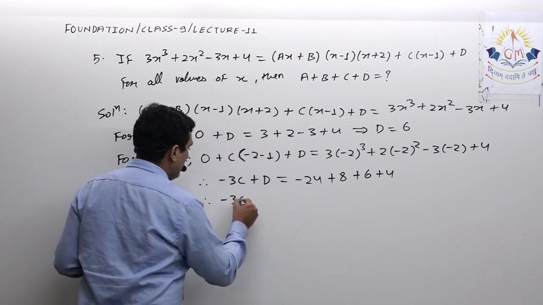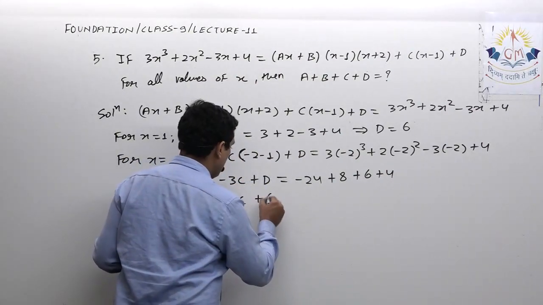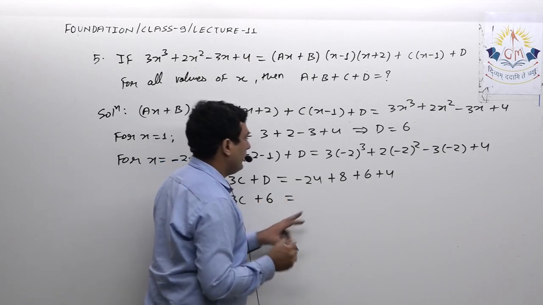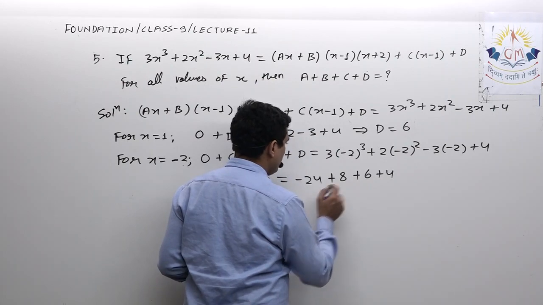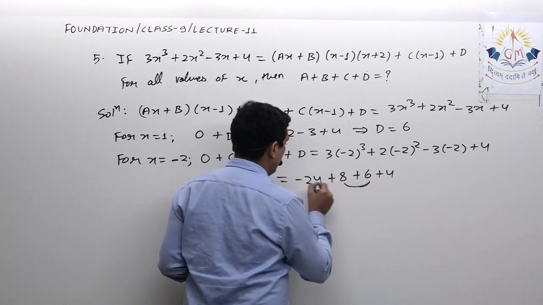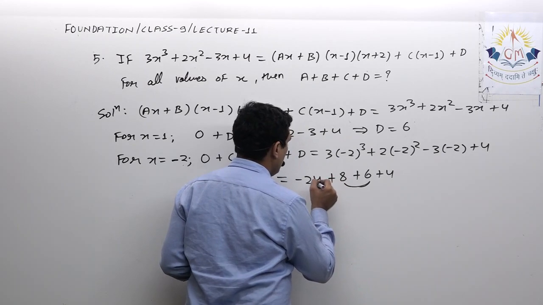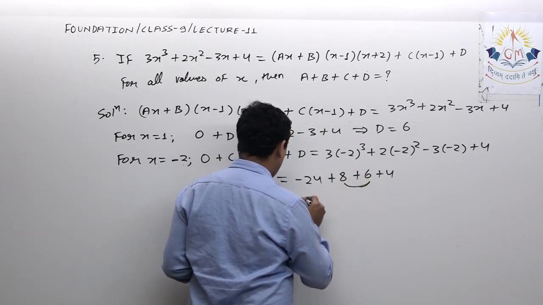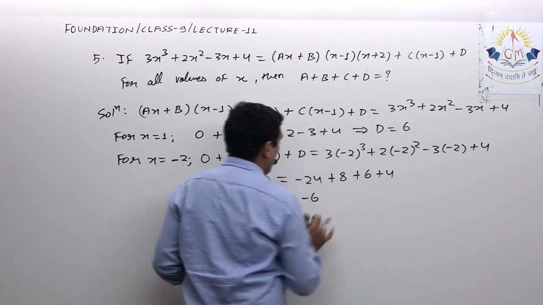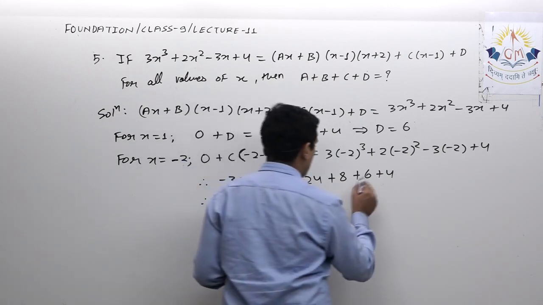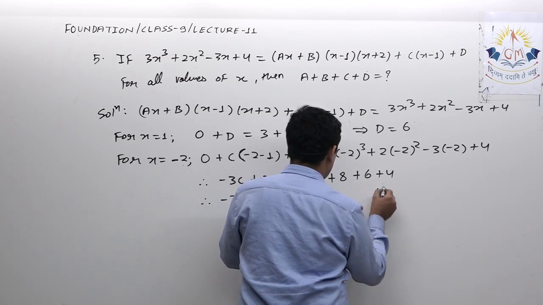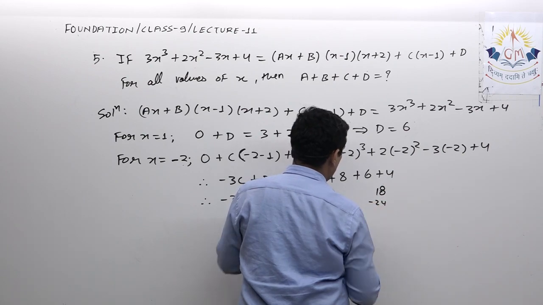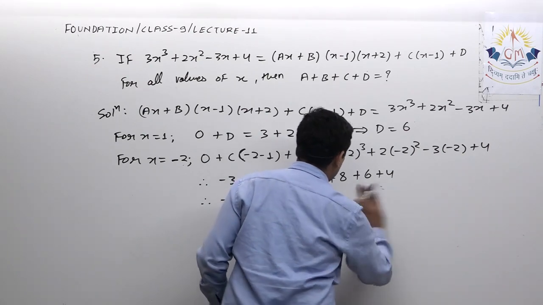Therefore now minus 3c plus 6 is equal to, now when I solve this, minus 24 plus 8 plus 6 is minus 10, plus 4 is minus 6. Okay, minus 6, it is correct.